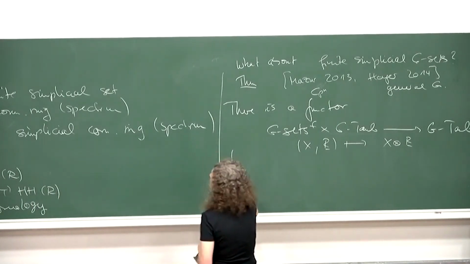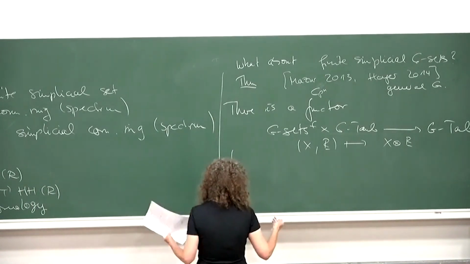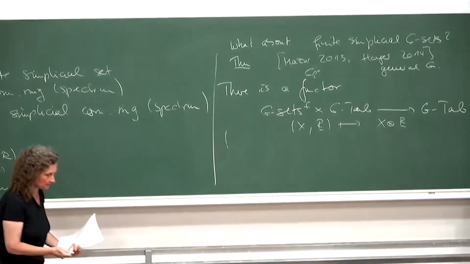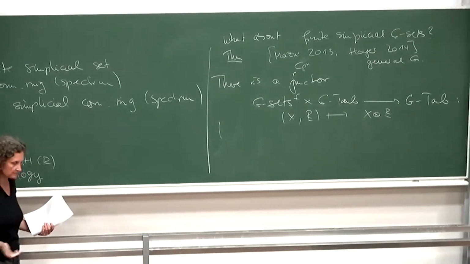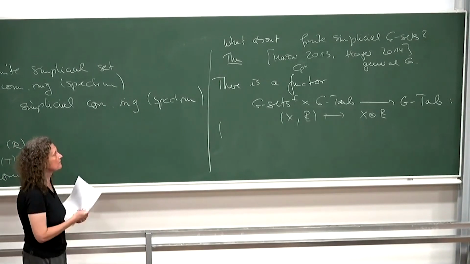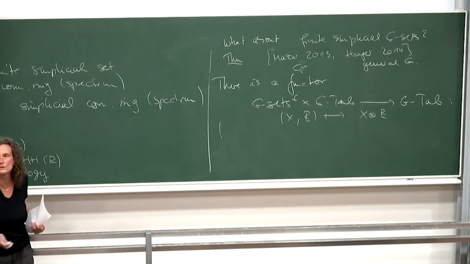So I told you that Tambara functors internally map disjoint unions to products, but if you tensor this, you also want to know what happens to disjoint unions.